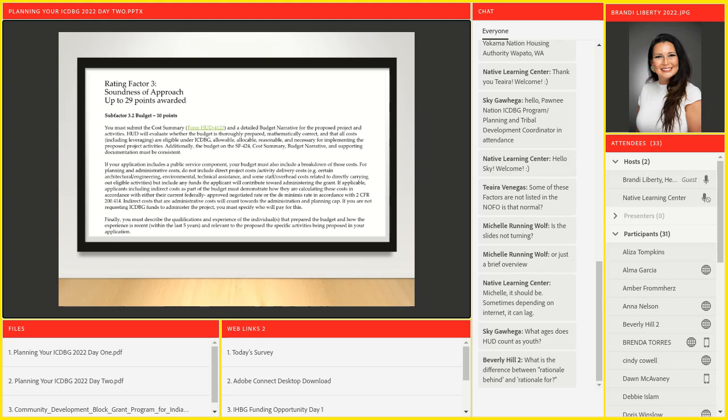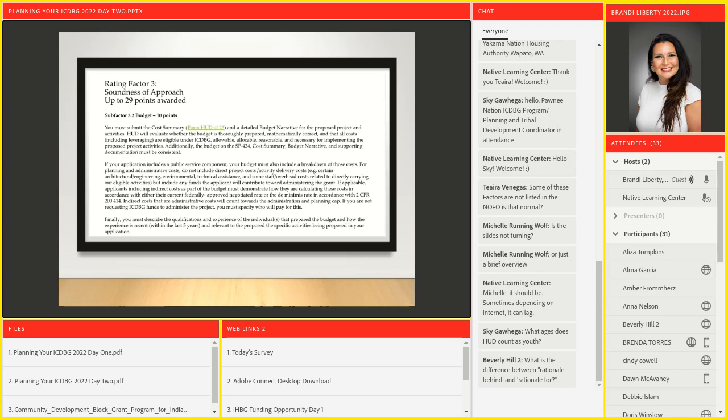And then finally, you also have to describe the qualifications and experience of the individuals that prepared the budget and how their experience is also recent within the last 5 years and relevant to the proposed activities.